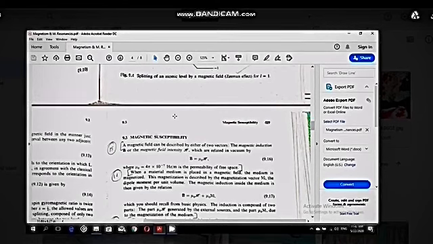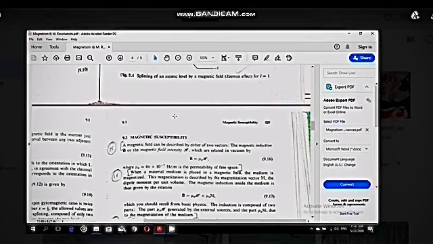Now, the magnetic field can be described by either of two vectors, the magnetic induction B or the magnetic field intensity H, which are related in vacuum by the formula B equals mu naught H, where mu naught is 4 pi times 10 to the power minus 7 Henry per meter, and is called the permeability of free space.